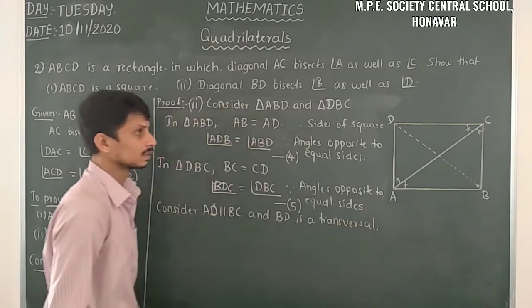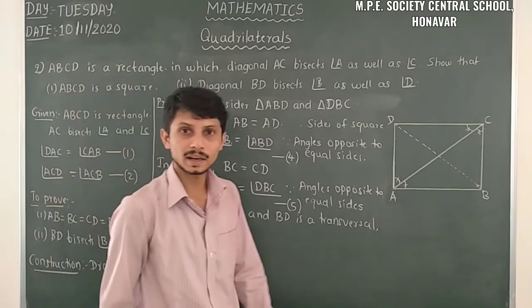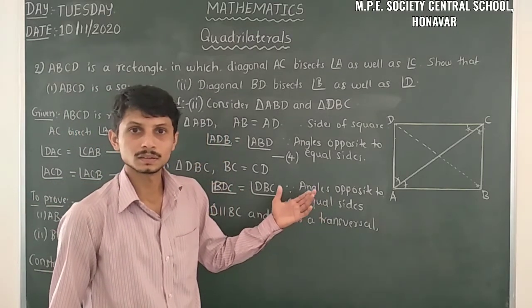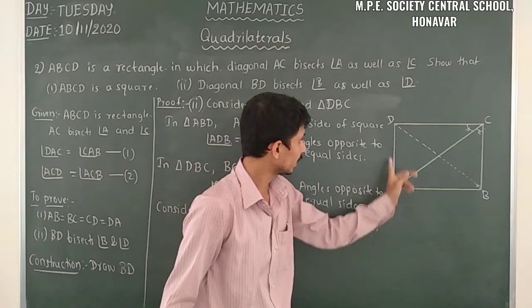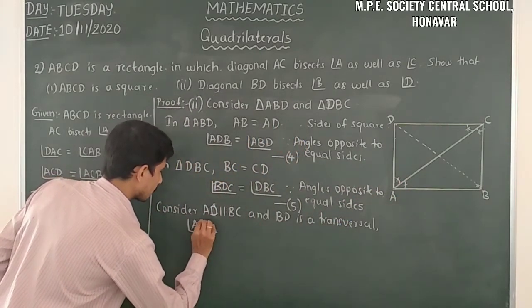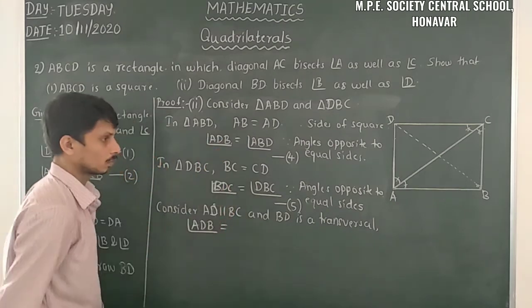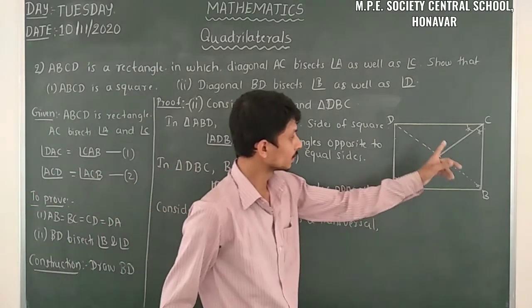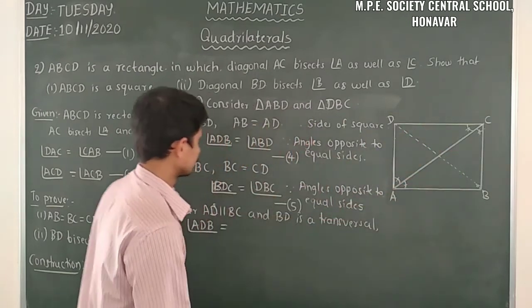Then one pair of alternate interior angles is equal, that is, angle ADB is equal to angle DBC.